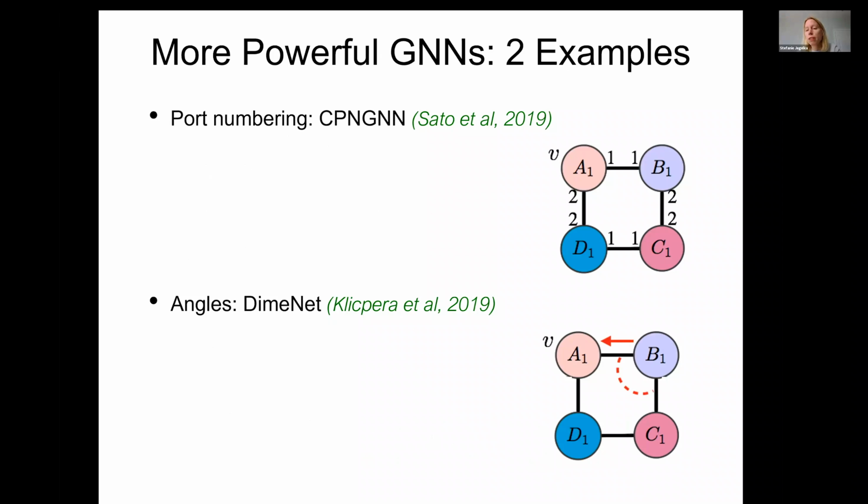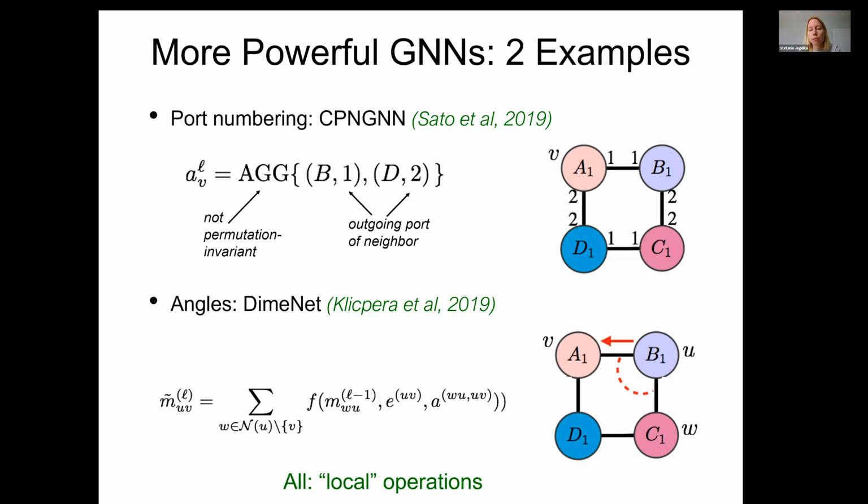The first one includes a numbering of the edges at each node, and hence the neighbors are actually distinguishable that way, and includes that in the message passing. The second one is for geometric graphs such as molecules, and it includes information about the angles between edges. So you can include both of these in the message passing as additional information.